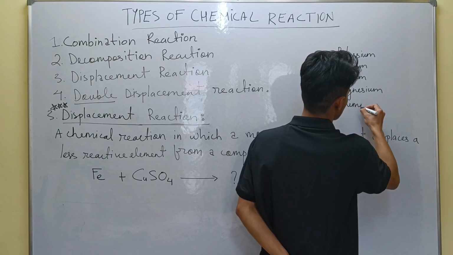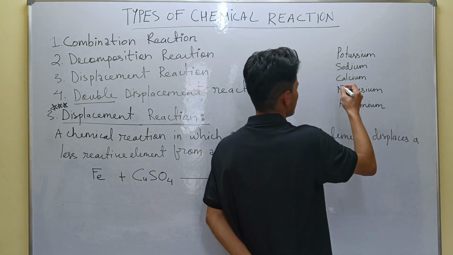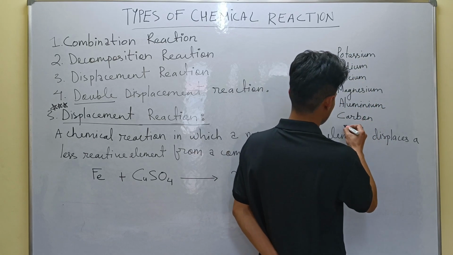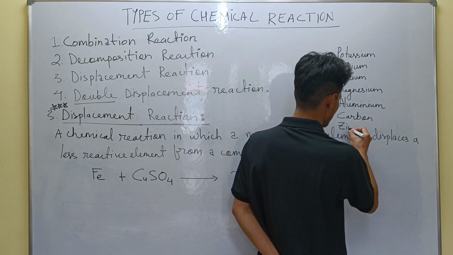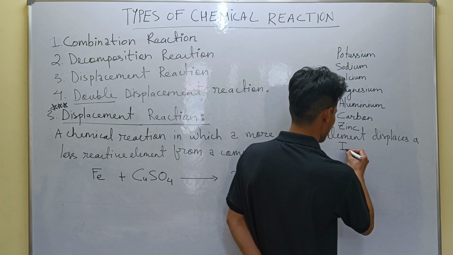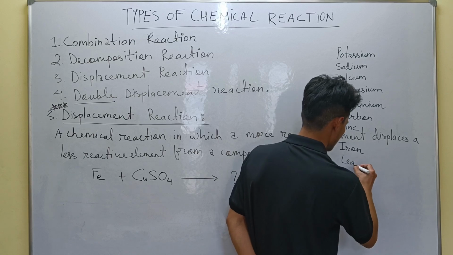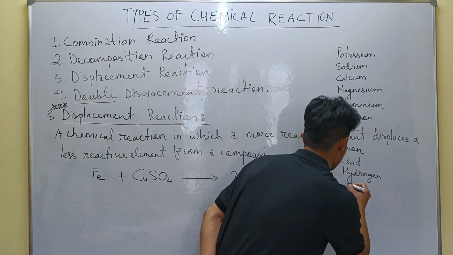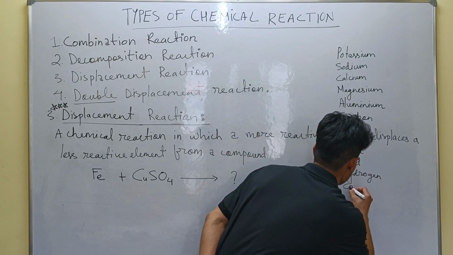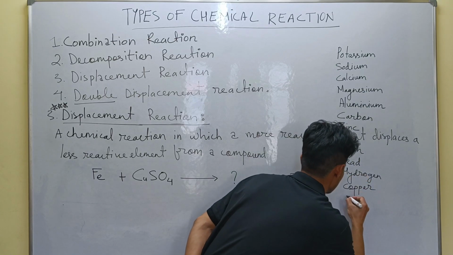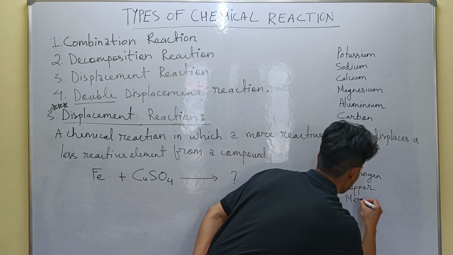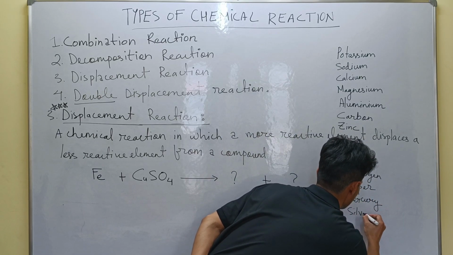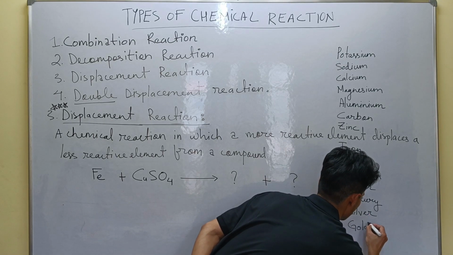Aluminium, carbon, then zinc, then iron, then lead, then hydrogen, then copper, then mercury, then silver, then gold.